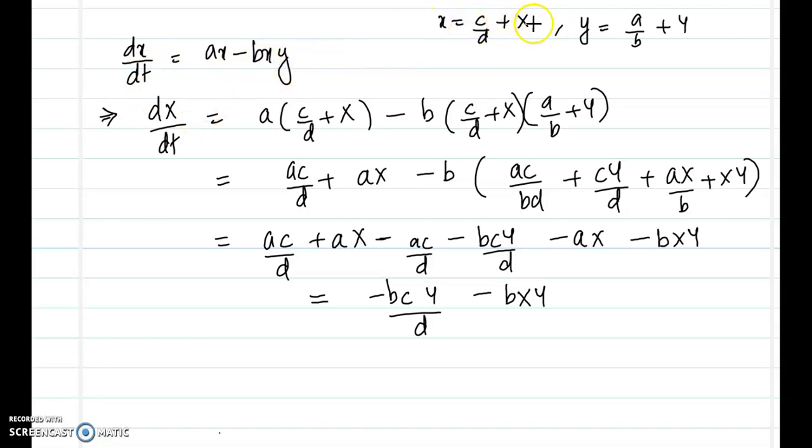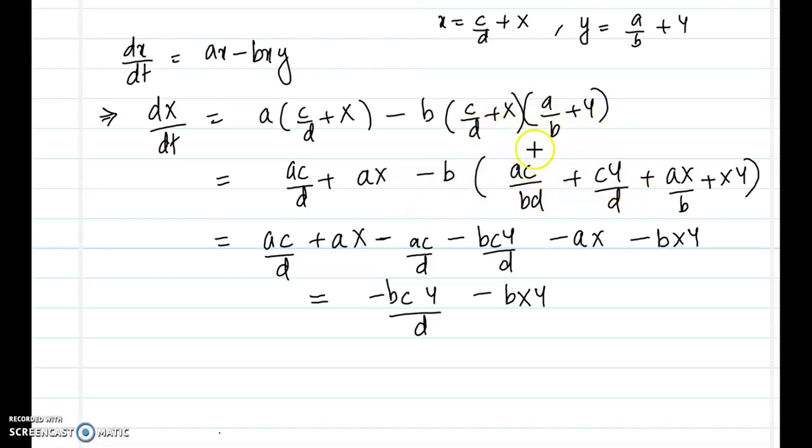Now, c by d is a constant, so therefore dx by dt will be equal to dX by dt. So the left side will be dX by dt, and on the right side we will get a into (c by d plus X) minus b into (c by d plus X) into (a by b plus Y). Now expand the second term.